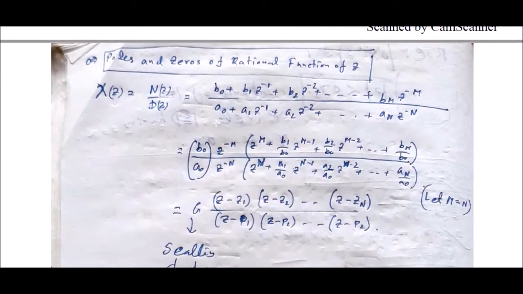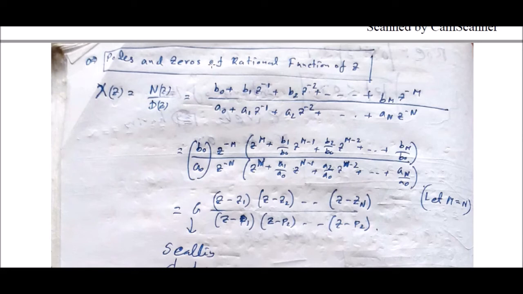Now, poles and zeros in the rational fraction of z. Rational fraction means if you have an X(z), it may have this kind of form: in the numerator one polynomial N(z), and in the denominator another polynomial D(z). Suppose in the numerator N(z) is equal to b0 plus b1 z to the power minus 1 plus b2 z to the power minus 2 up to bm z to the power minus m.